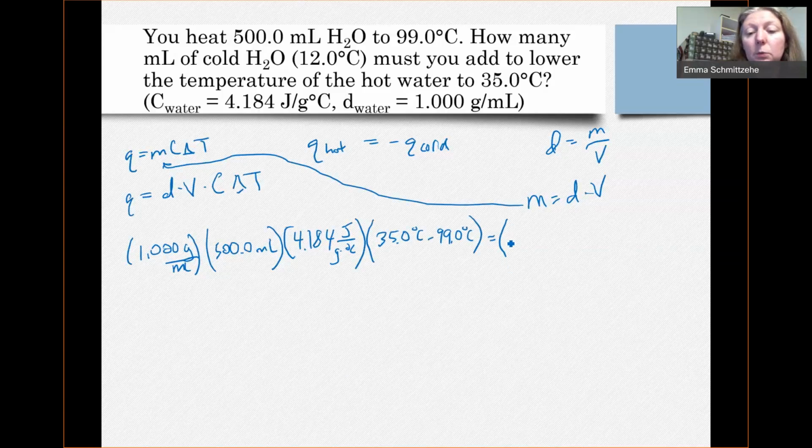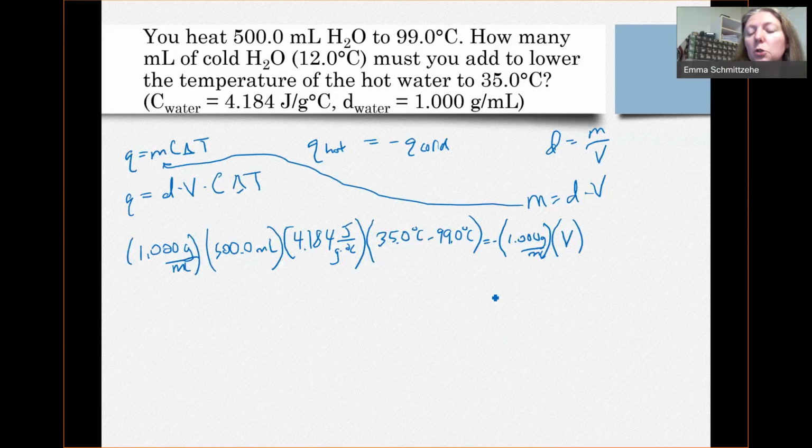again, the density, 1.000 grams per milliliter, times the volume, which is what we're looking for. We want the volume of the cold. And I missed something in my equation. I need negative Q cold, so I need a negative sign there. That's pretty important.